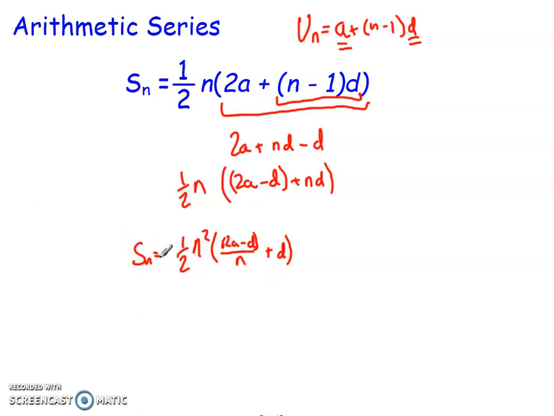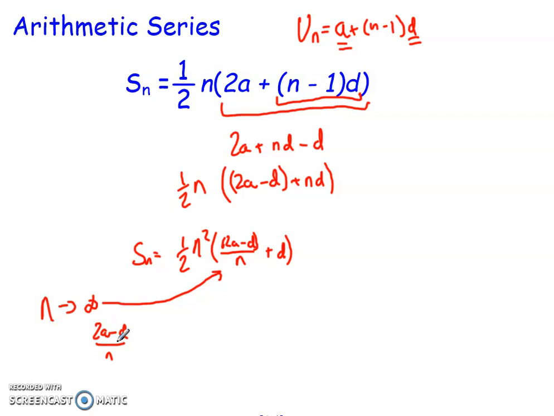Now let's imagine we look at what happens as n, the number of terms, tends towards infinity. Well, as n tends towards infinity, if I put that into this fraction here, 2a minus d over n is going to become a fraction where the denominator is going to get continually bigger and bigger and bigger and dominate that whole fraction.